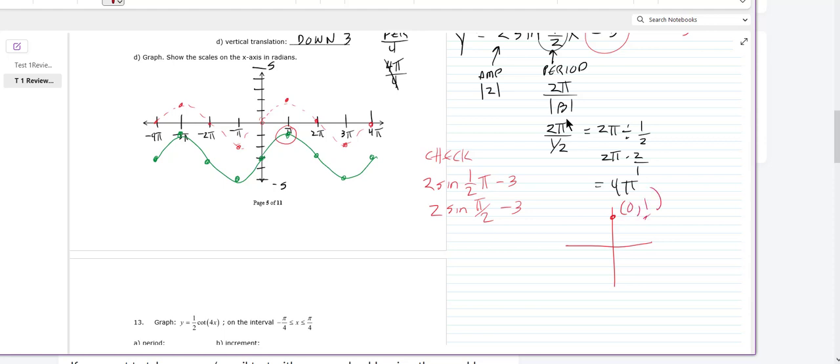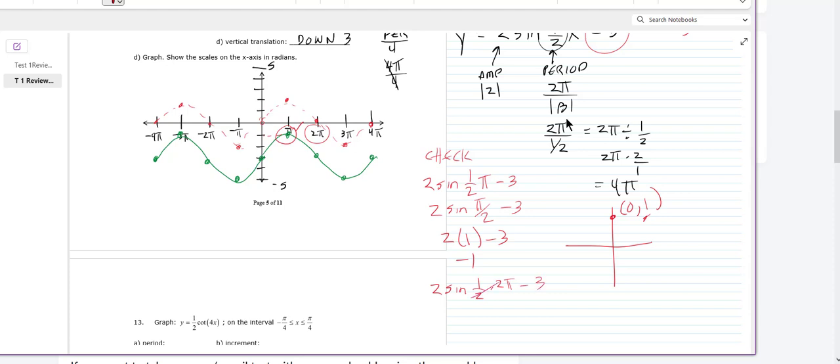The sine is the y value, so this would be 2 times 1 minus 3, so that would be -1. And notice that that point has a y value of -1. So you can check as many points as you want to. I usually recommend that you just do maybe 2 of them. So let's do 2 pi. So you have 2 sine 1/2 times 2 pi minus 3.